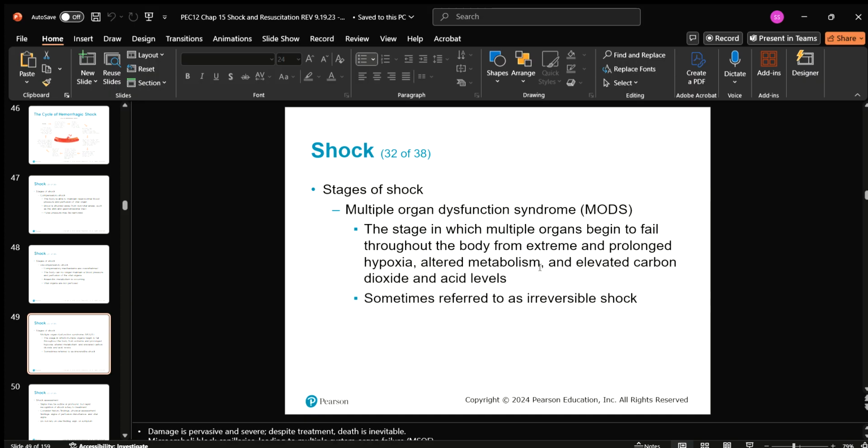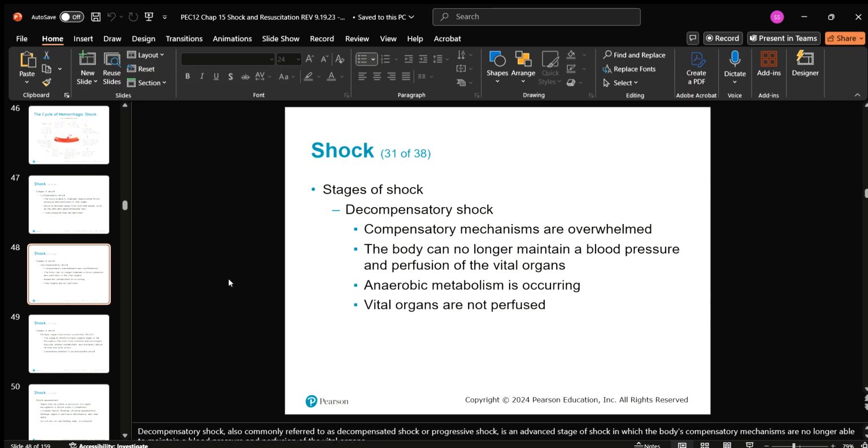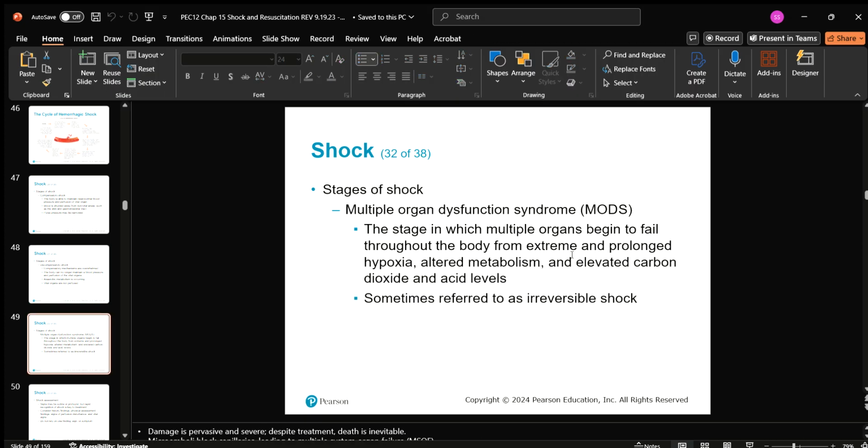Altered metabolism, elevated carbon dioxide, and acid levels. Why are the acid levels so high? Because they went into anaerobic metabolism. And what's a byproduct of this? Lactic acid. Our organs just can't function with that change of chemistry.